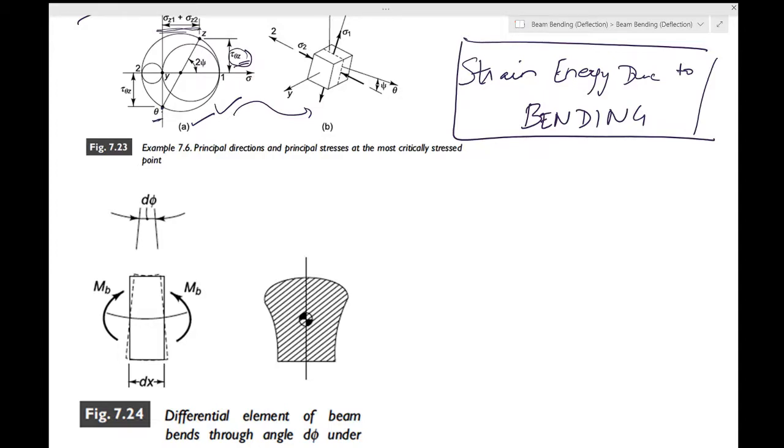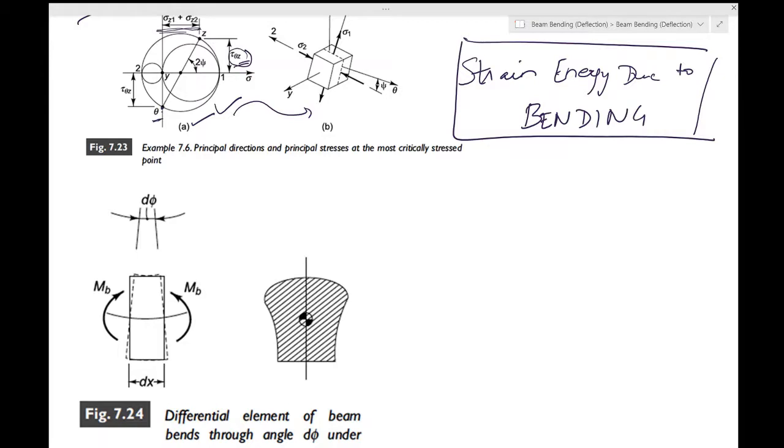Okay, so the strain energy in a linear elastic body subjected to an arbitrary distribution of stress and strain is given by equation 5.17. So in this section we specialize only to the beam subjected to bending. We will not go into the general case yet.